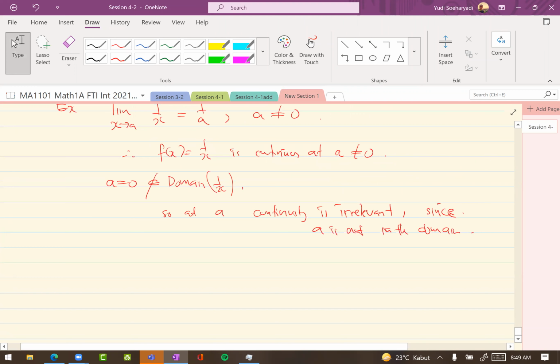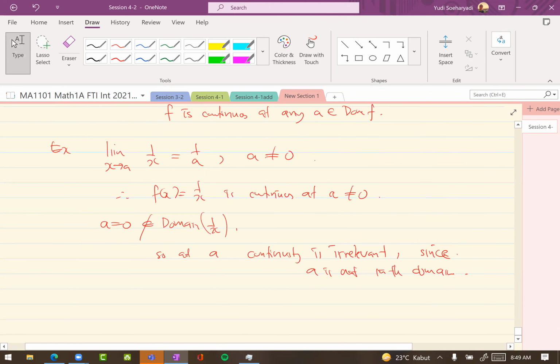So this is what we have so far, this continuity.